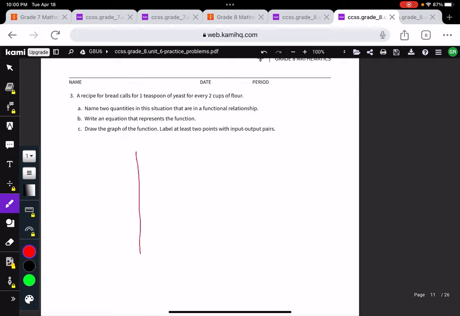So there's a graph. Call it what you want. You could put teaspoon here. You could put flour here. Or you could put flour on the bottom if you wanted and put teaspoons. It doesn't matter. It all depends on what your equation is going to represent. But I'll let you figure it out from there.